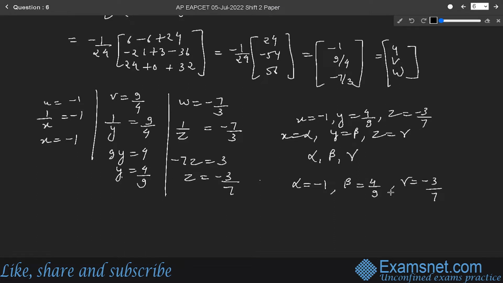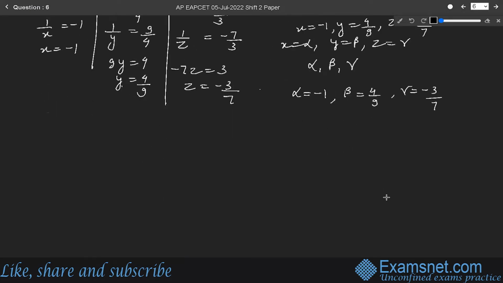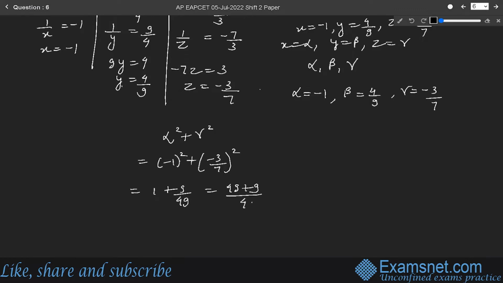Now we have calculated the values for alpha, beta and gamma. In the question, we have to find alpha square plus gamma square, which will be equal to (minus 1) square plus (minus 3 by 7) square, which is equal to 1 plus 9 upon 49, which gives 49 plus 9 upon 49, which is equal to 58 upon 49.